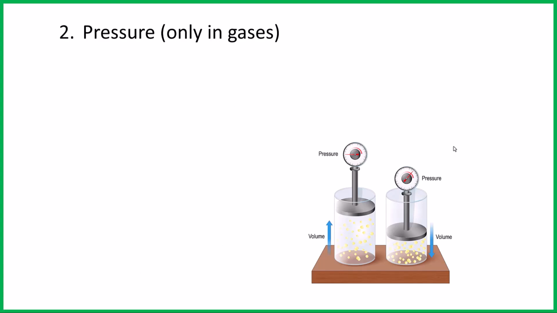So the second factor is pressure, and this only affects gases because they can be compressed, whereas liquids and solids cannot be. So by changing the pressure here, we can make the system seem more concentrated. By increasing the pressure, suddenly it seems like we have a greater concentration of particles.